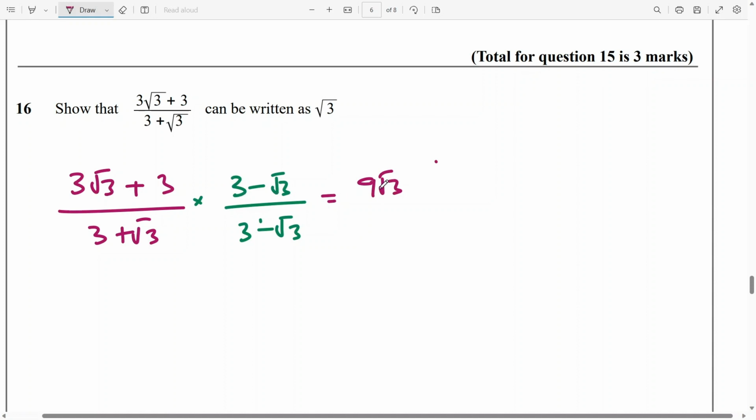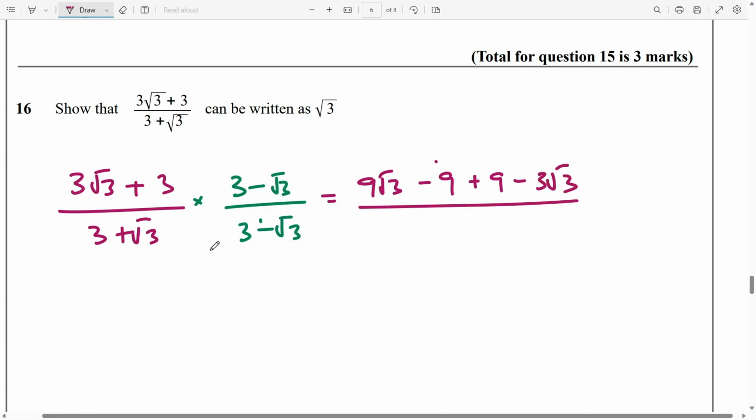And this times this is minus 9, and 3 times 3 is again plus 9. And 3 times this is minus 3 root 3.